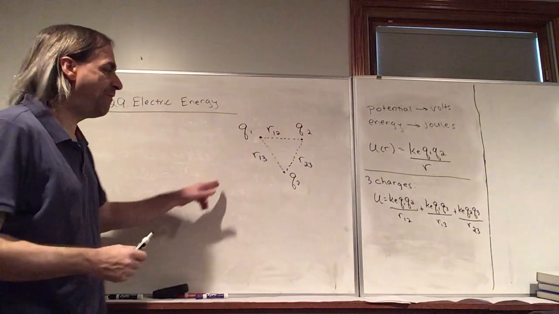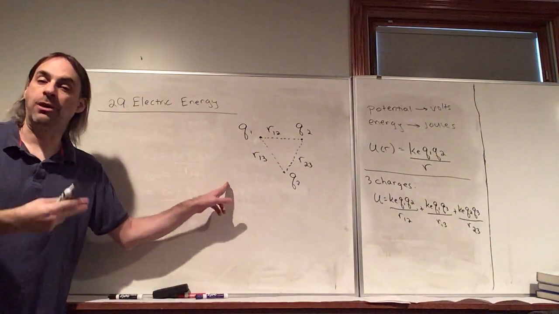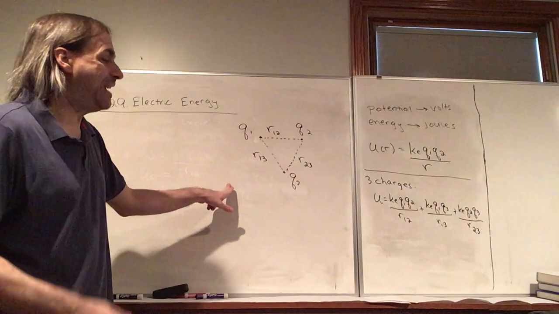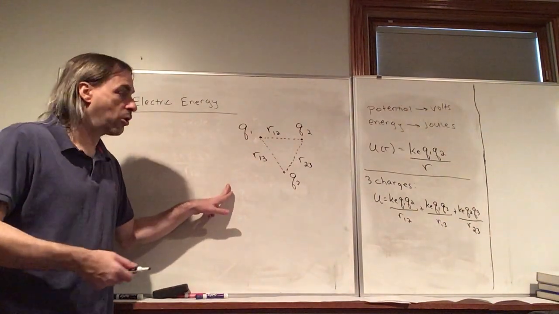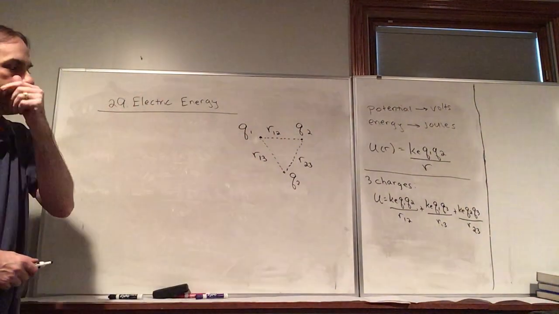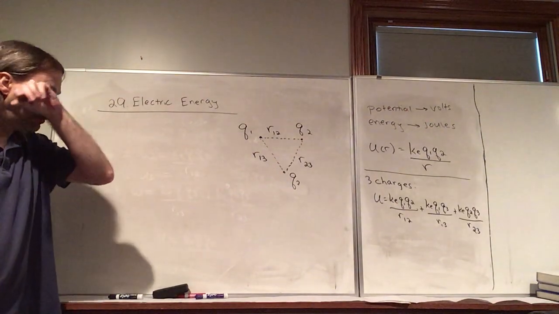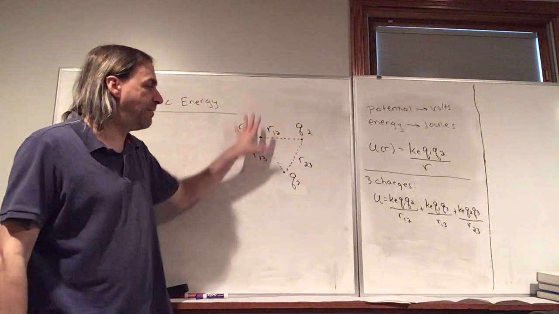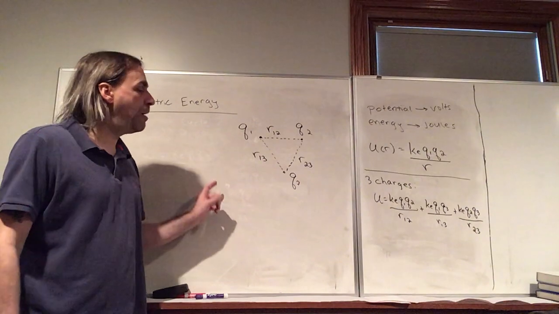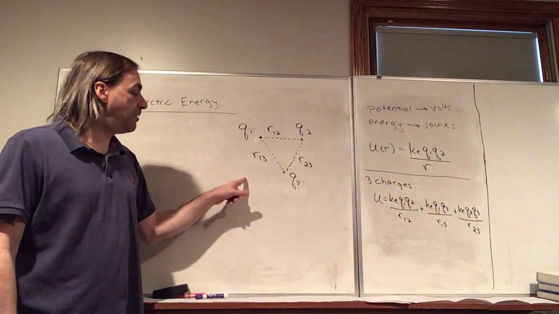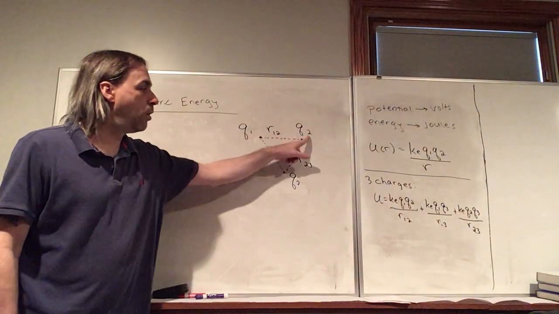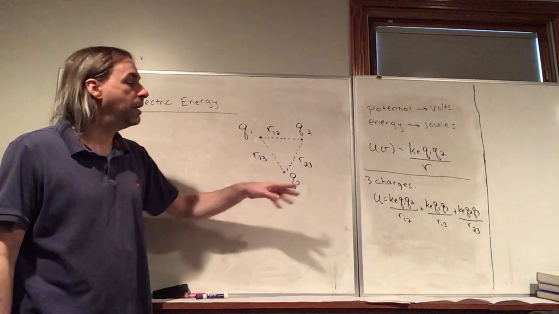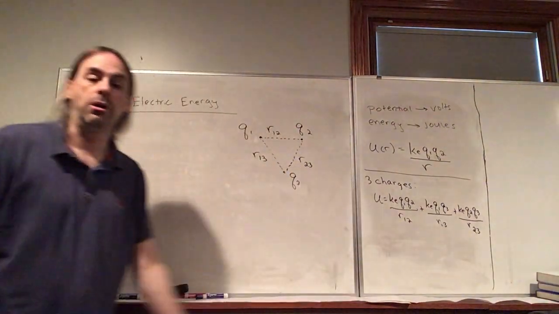Now, what if we brought in a 4th charge? I'm not going to write it down. How many terms would we have overall if we brought in a 4th charge? We already have the energy it took to build this, but if we brought in a Q4, that Q4 would interact with Q1, Q2, and Q3, so we'd have 3 additional terms.